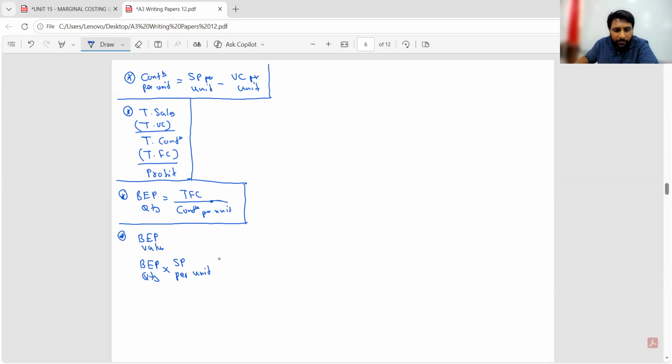This is one. There is another one we just studied. What is that? Total fixed cost divided by the CS ratio.